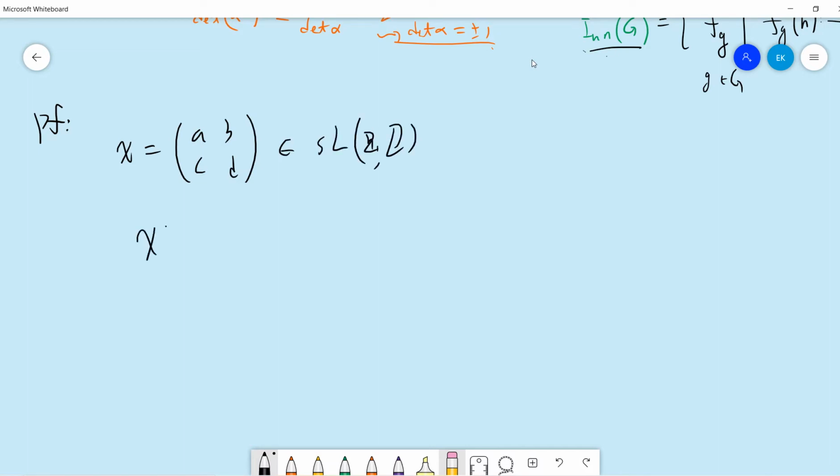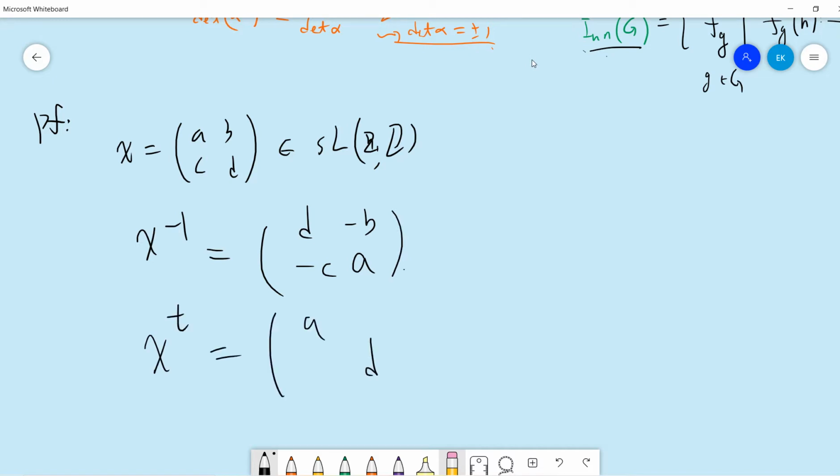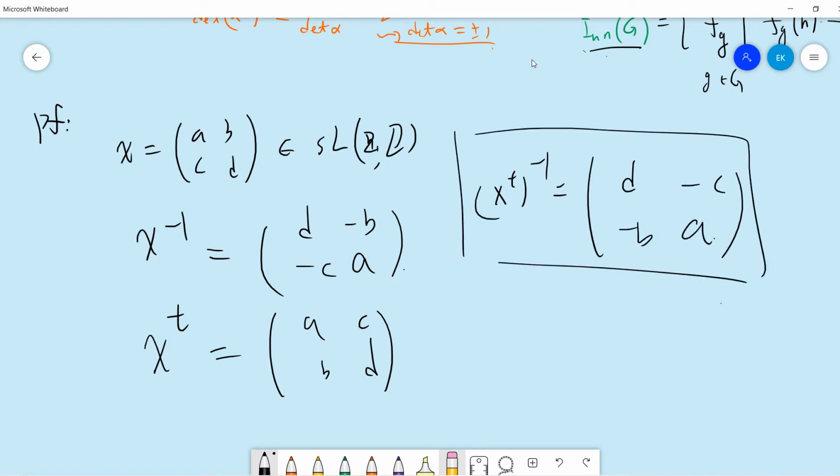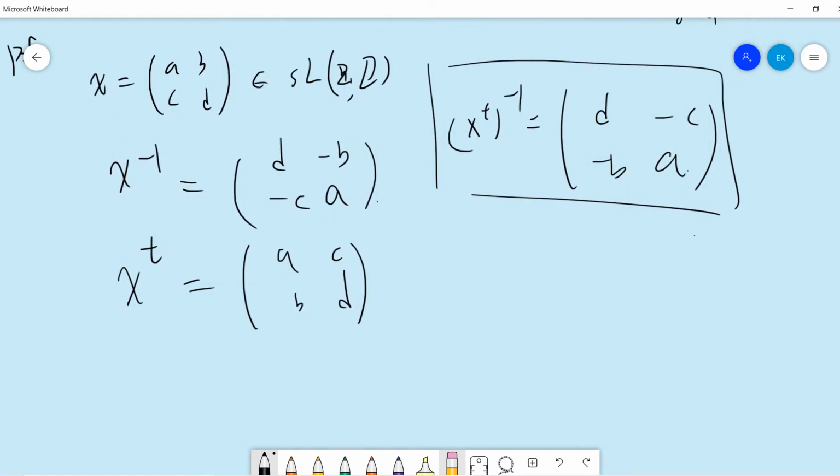We can prove its inverse is this one, and its transpose is just a direct computation. So the x transpose inverse is this one. Then let's take I to be this matrix.